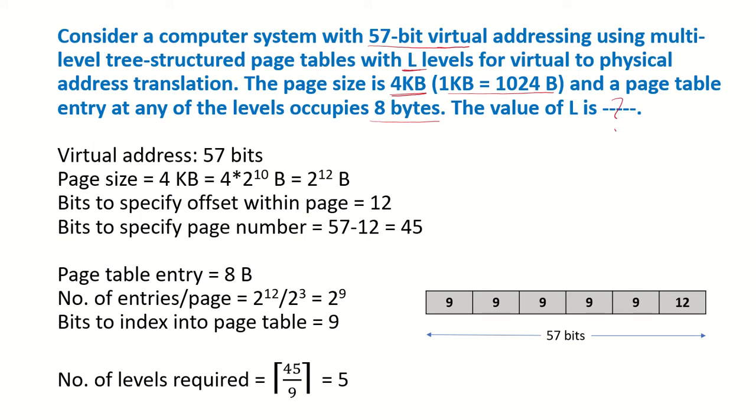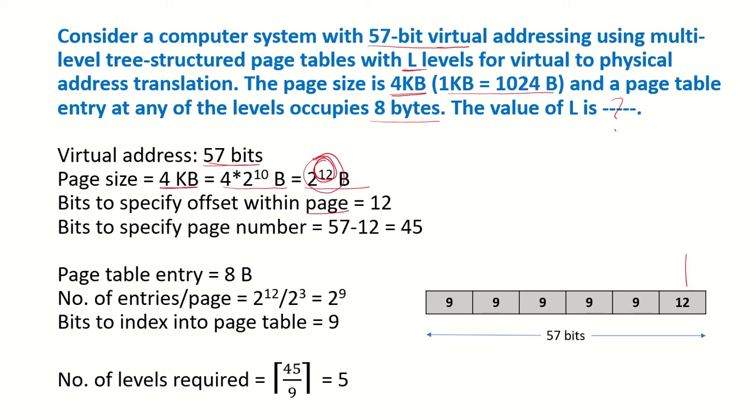So if our virtual address is 57 bits, we know that the page size is 4 kilobytes, or 4 into 2 to the power of 10 bytes, and 4 is also 2 to the power of 2. This gives us 2 to the power of 12 bytes. So if the page size is this much, then when we have to access a particular offset within the page, we will require 12 bits to go to that offset.